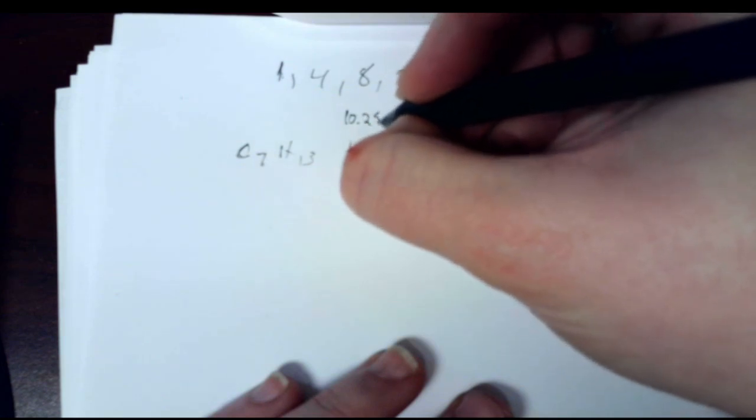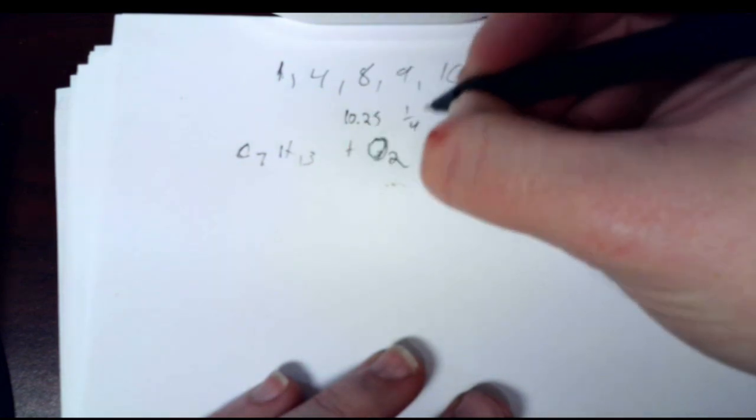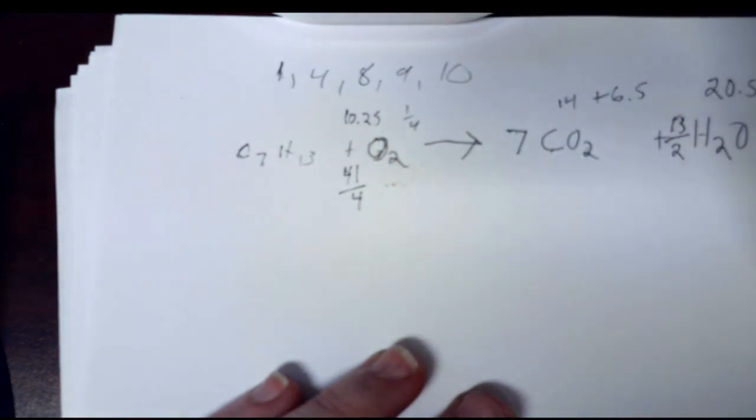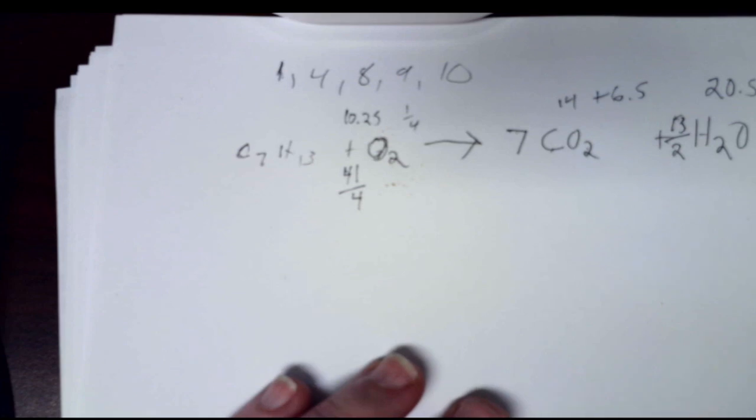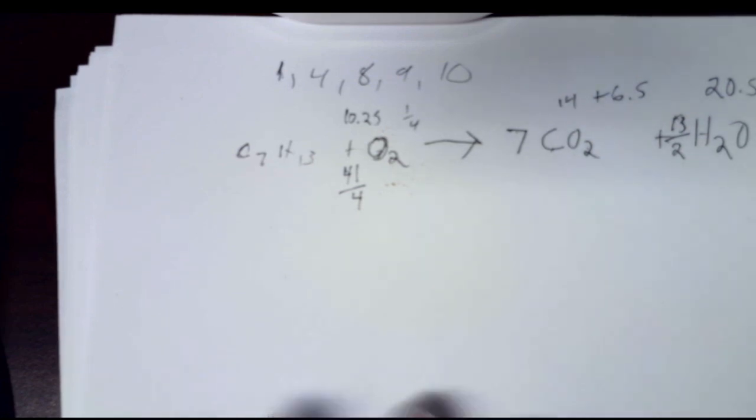So 10.25, which would be the same as 40, would be essentially 41 over 4. Yes, I know it's fractional. It's not pretty at all, but it will work.